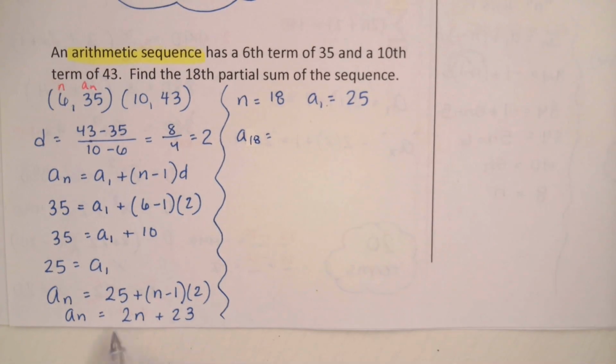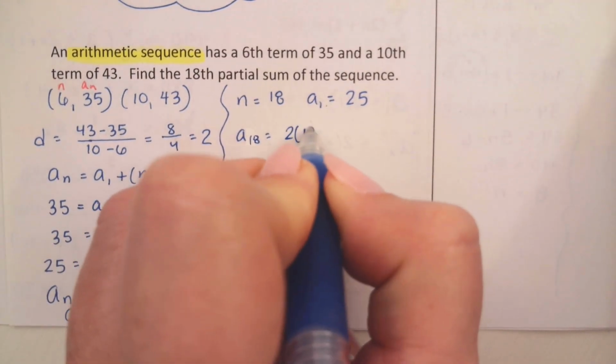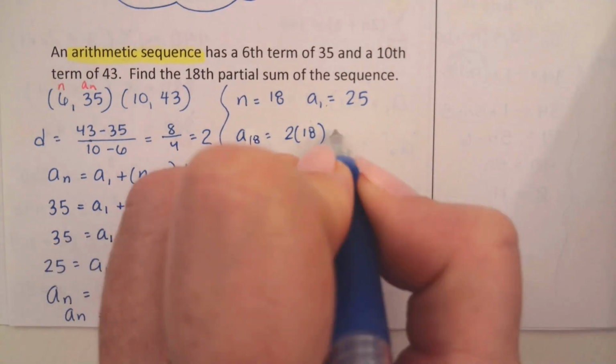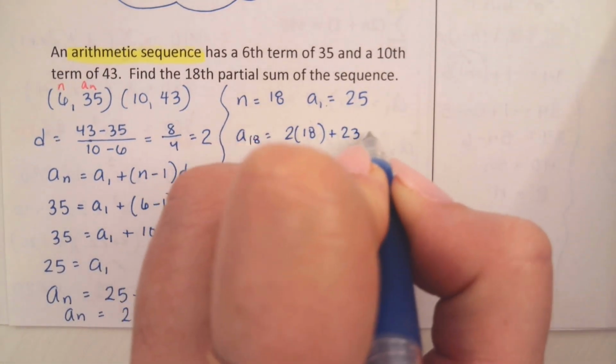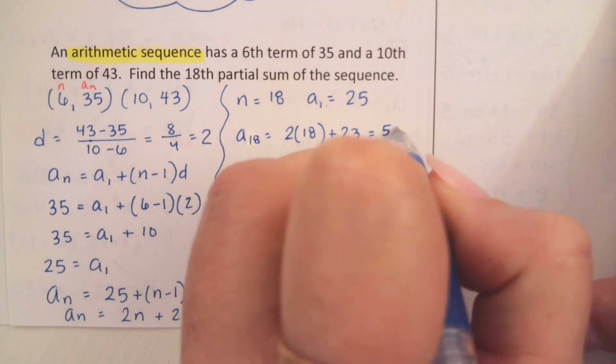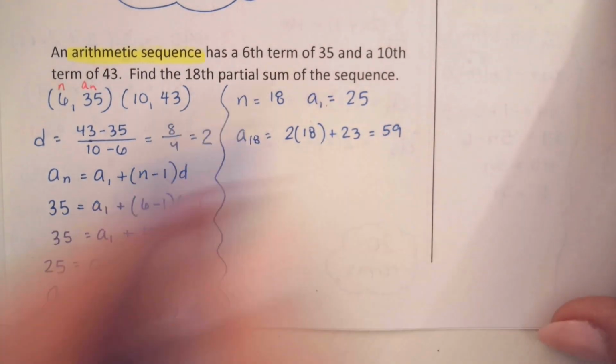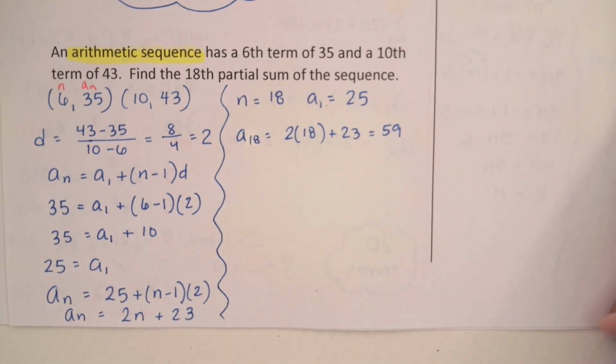Yes, plug in 18 right here to the little equation we wrote. 2 times 18 plus 23, which equals 59. Okay. And now that we have all these pieces of information, we can find the 18th partial sum.